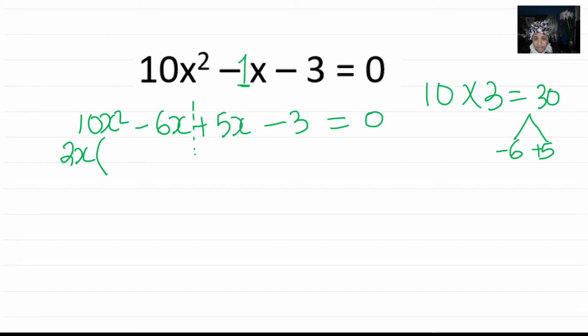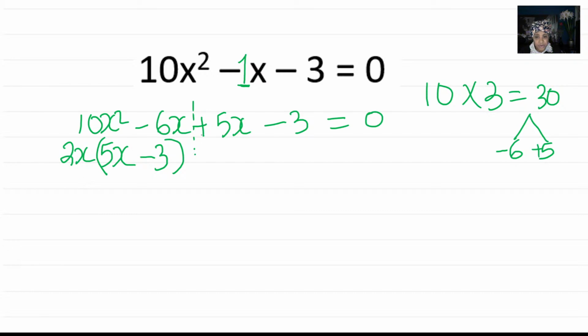We have a 2 outside, so we need to put a 5, and then we need x squared, but we have x here, so this needs to be 5x. And then minus, we've got a 2 outside, so I need a 3 to make it 6, but I don't need another x because I already have 1 outside.